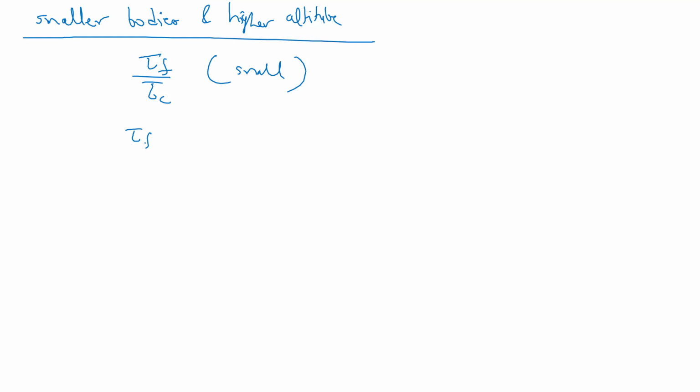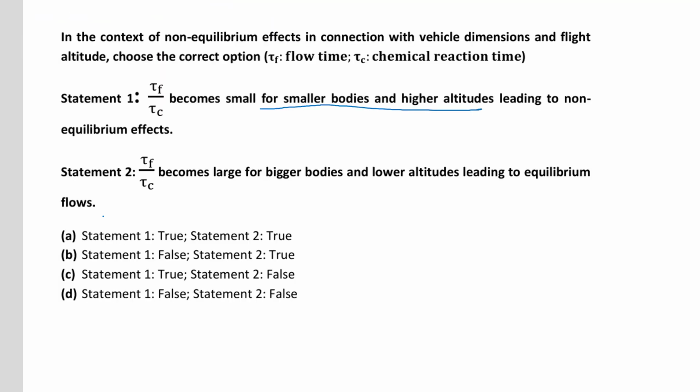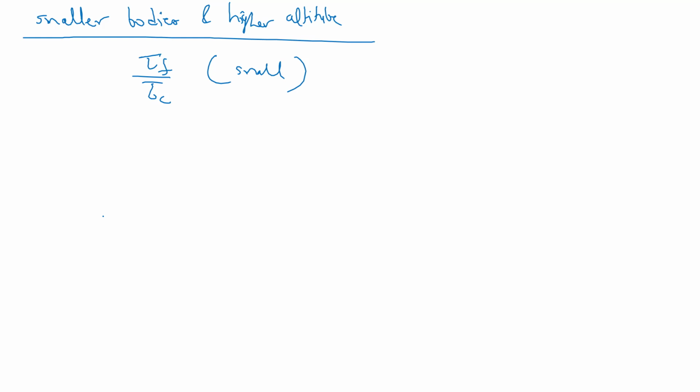We have seen that this value is small. This value being small means that the chemical reaction time is higher than the flow time. And if this is the case, it will lead to non-equilibrium, because in between the flow time itself, chemical reaction is still happening.